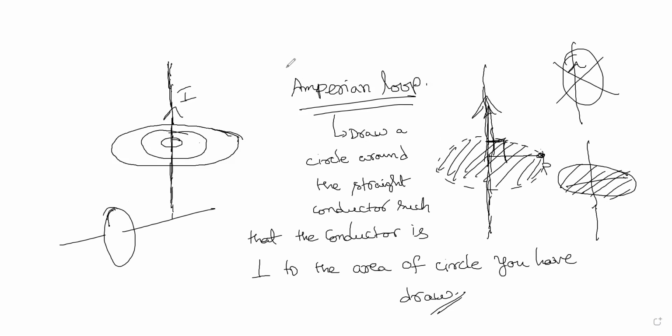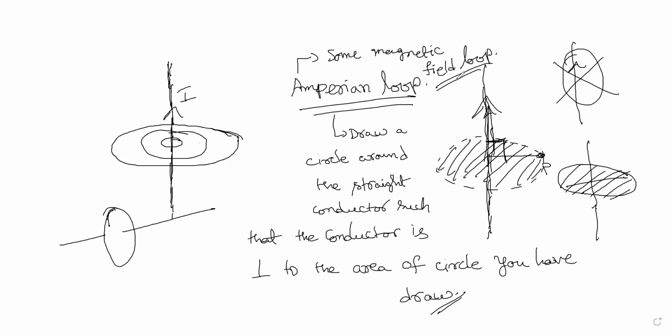So the Amperian loop tells you about the magnetic field loop. It's actually a magnetic field loop. It is not on the conductor.